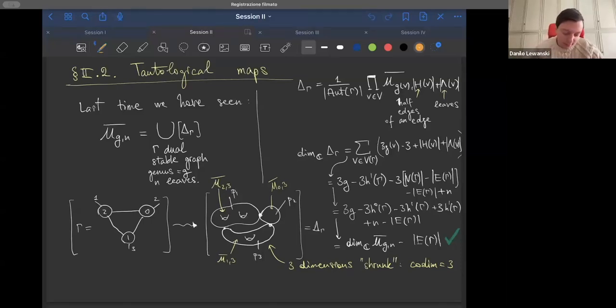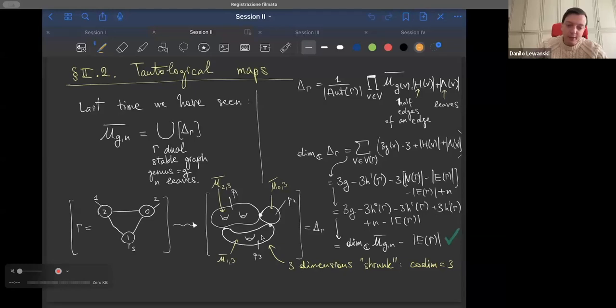So let gamma be, as yesterday, a dual stable graph. If you remember, the recipe was that every component of genus something corresponds to a vertex of that genus. These mark points, you remember them as leaves. Each of the nodes will become an edge, okay?